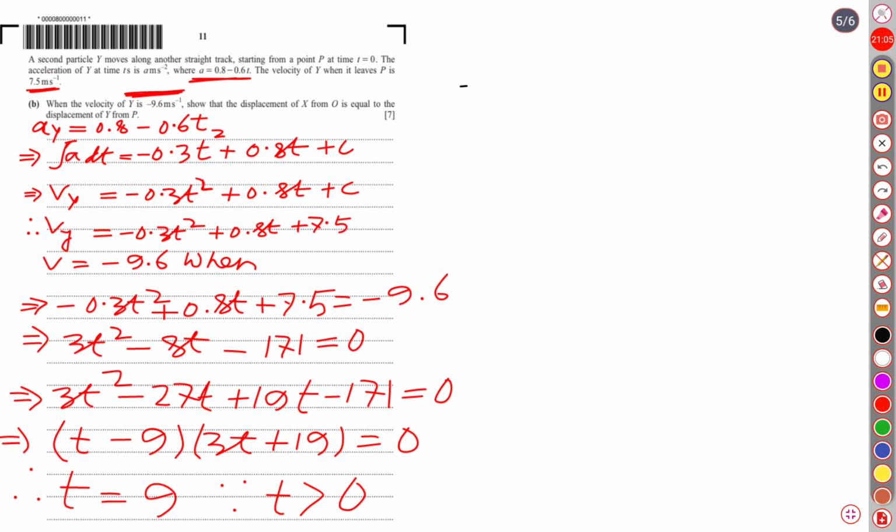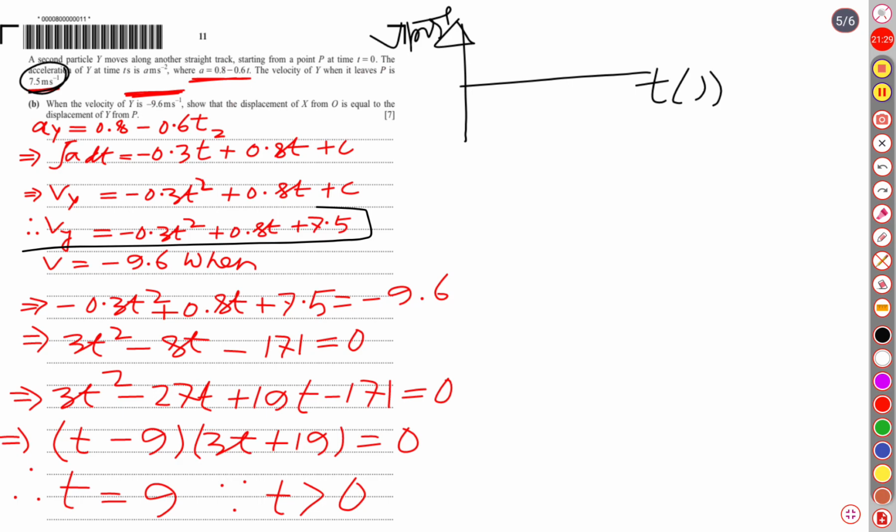So this is the velocity time graph, this is v in meters per second, and this is t in seconds. At the beginning, initially what was the velocity here? They have told it was 7.5 initially. So our expression was this one, this is our velocity expression.